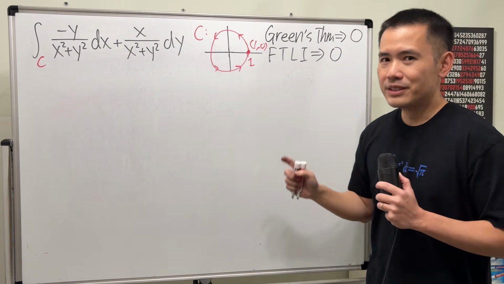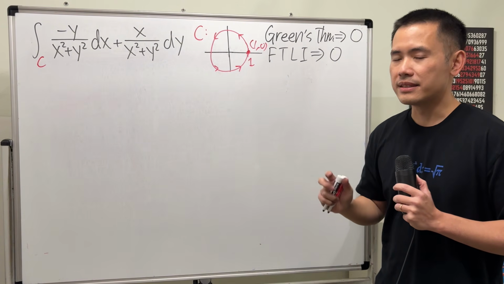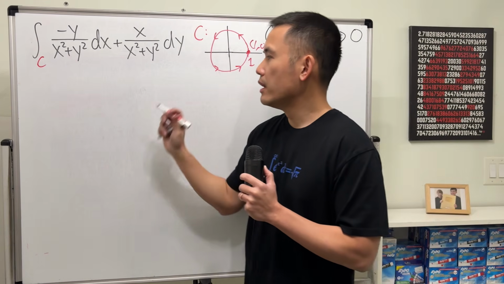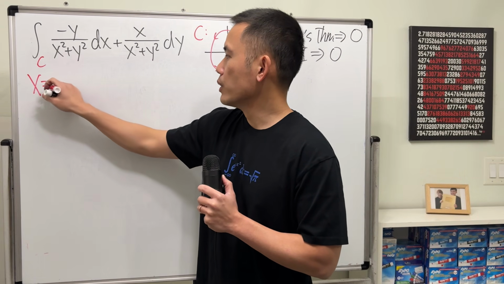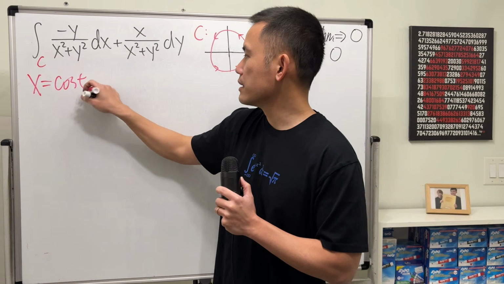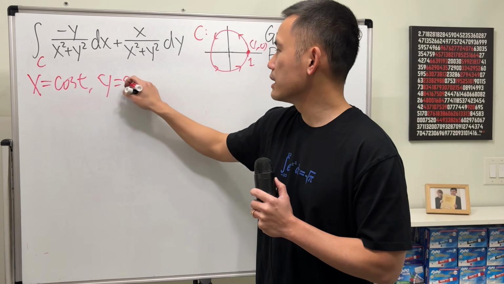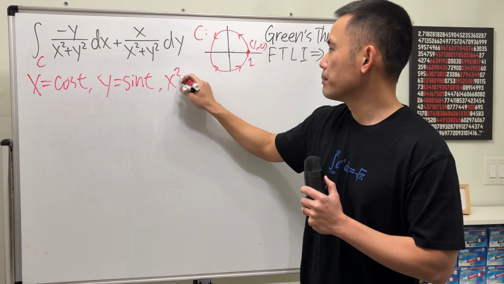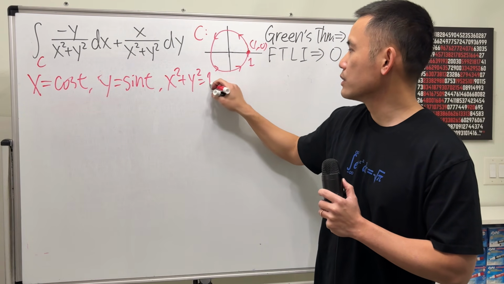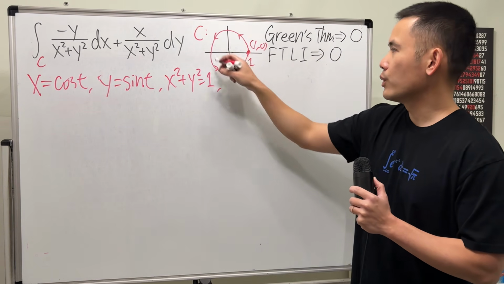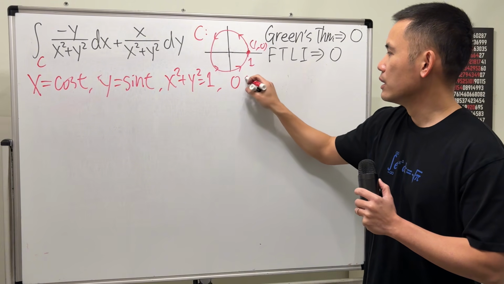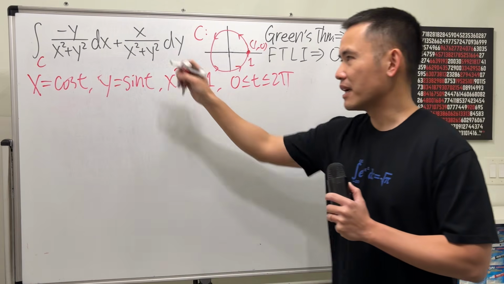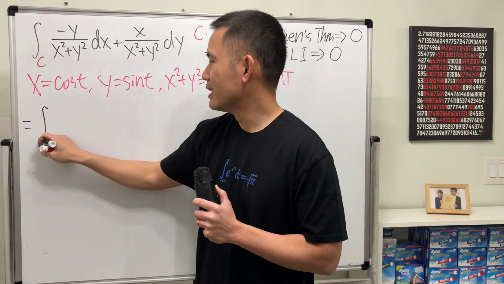So how exactly do we do it though? Let's have a look. So lastly, I will show you guys what if we use parametrization to solve this line integral. And because we have a unit circle, we'll just do x equals cosine t, y equals sine t. And notice x squared plus y squared will give us 1. And then because we are going in one loop, so we know t will go from 0 to 2 pi. Now take this integral to the t world.